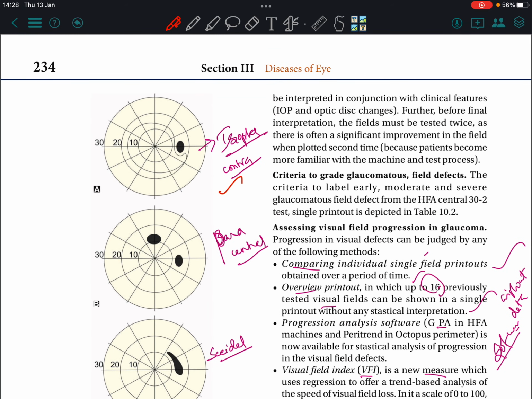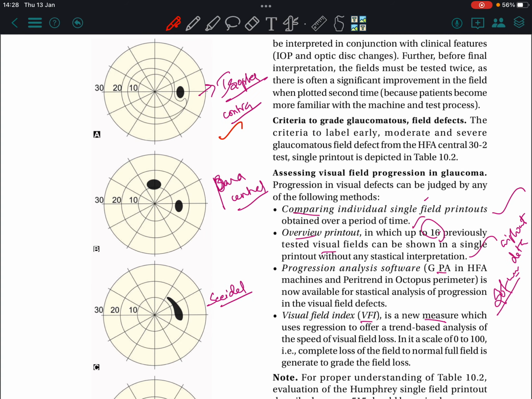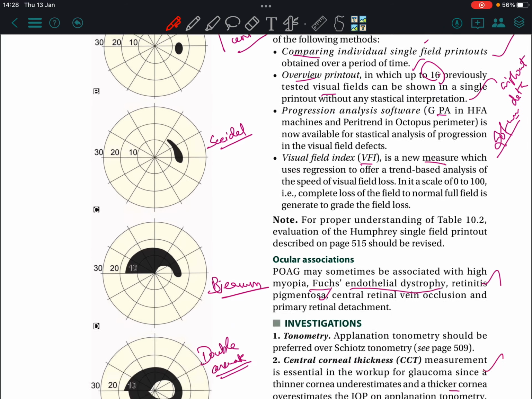Let's see the criteria to grade glaucomatous field defects. The criteria to label early and moderate severe glaucomatous field defects from the HFA central 30-2 test single printout is defined in table 10.2.